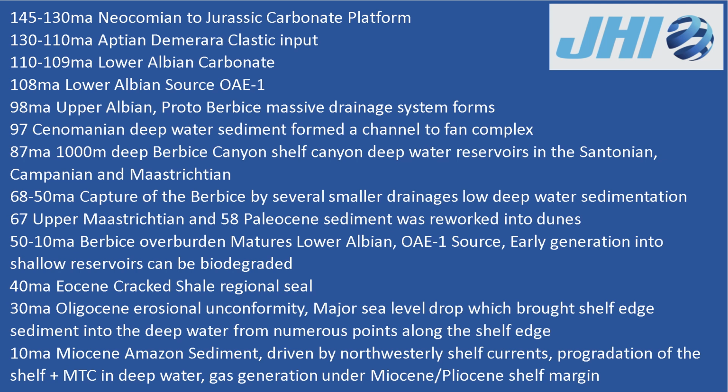So you have equatorial northwesterly shelf currents driving tremendous amounts of sediment along the shelf, prograding out the shelf edge in the Guyana-Suriname basin and creating significant mass transport complexes in the deep water. We also see gas generation from this significant shelf margin progradation, whose overburden causes the OAE2 source rock to enter the maturity window over the basin and in some places into the gas window.